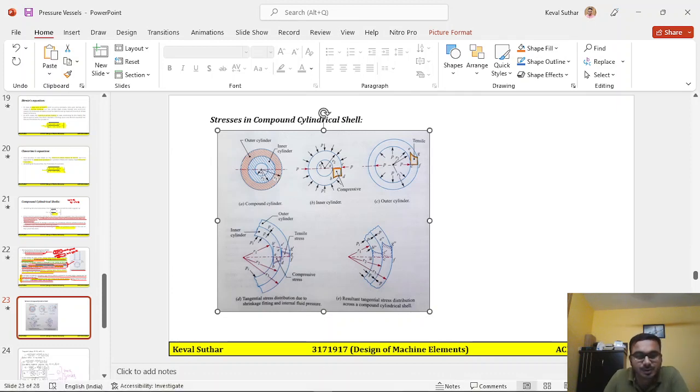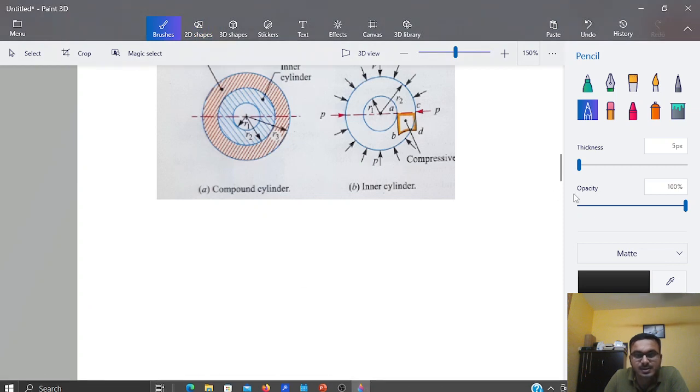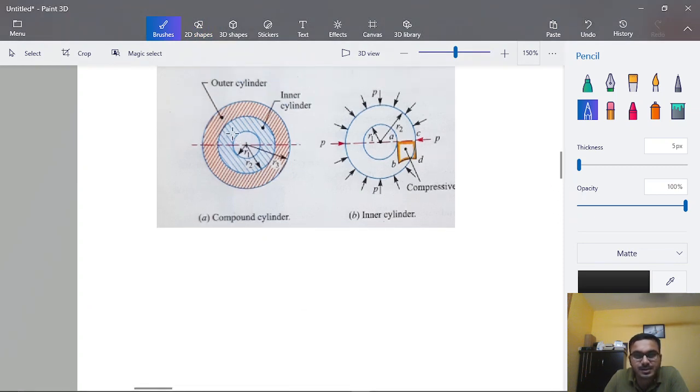One thing which is important, that we have already discussed, is that the contact pressure P is generated at the junction of two cylinders. So we will be recalling our Lame's equation for the analysis.